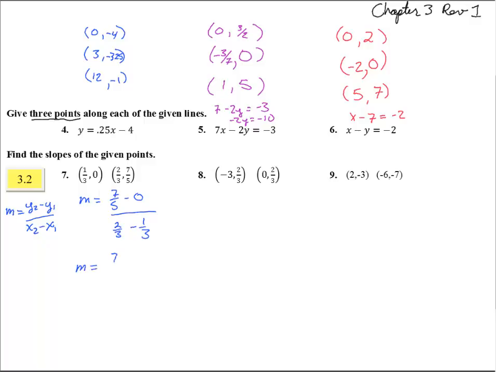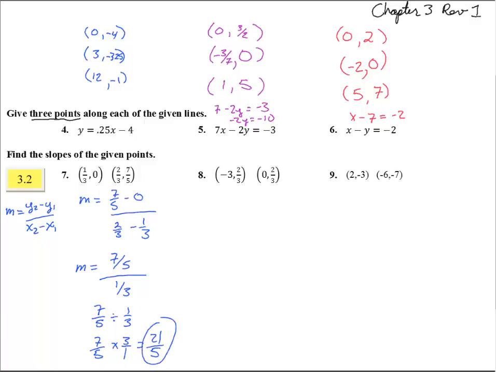It's all right. We have 7/5 over 2/3 minus 1/3, which is 1/3. Now you could punch that in your calculator if you're scared to death of fractions, or you could see this is just a divide sign. That's 7/5 divided by 1/3, and by hand 7/5 times 3 over 1 equals 21 over 5. So we have 21 over 5 as the slope right there.